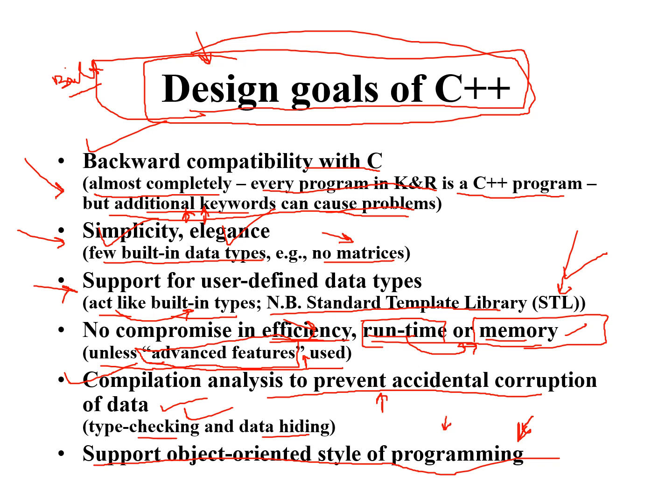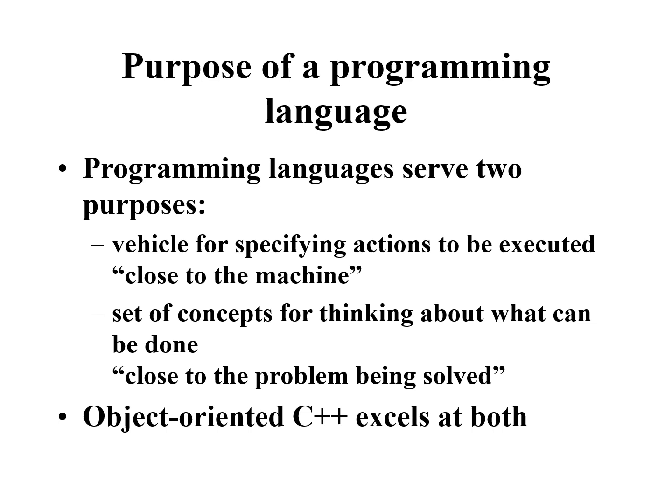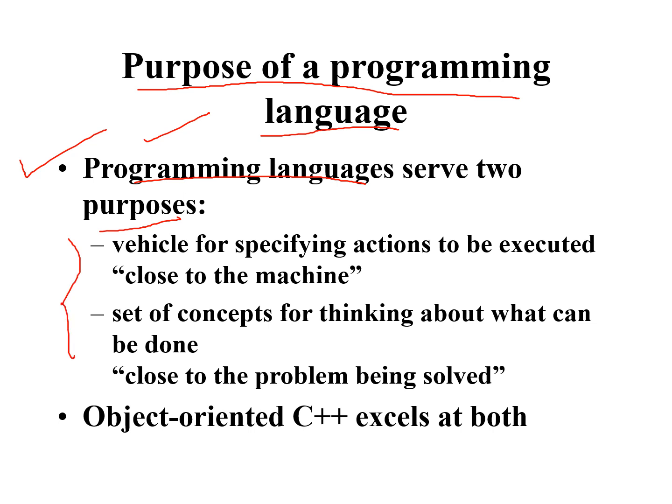So one more thing that I would like to cover is the purpose of a programming language. Programming language serves two purposes. Every single programming language actually serves two purposes, and what are those two purposes? It is written over here, and I am going to tell you: first of all, a vehicle for specifying actions to be executed.